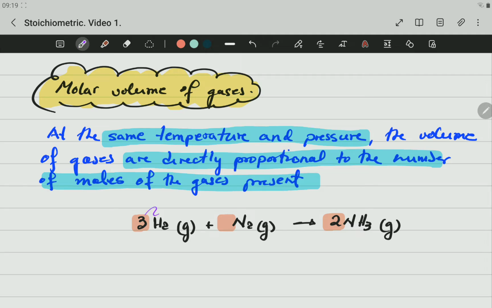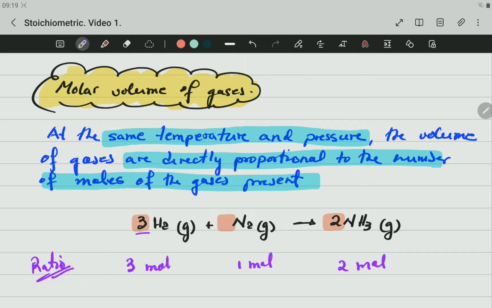That represents the ratio. It means that 3 moles of H2 will react with 1 mole of N2 to produce 2 moles of NH3. That is the ratio.